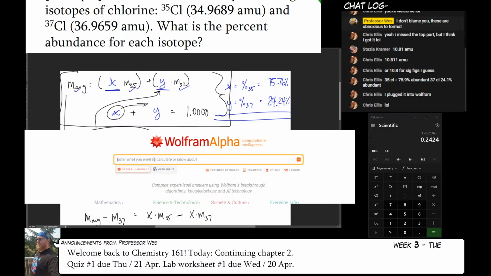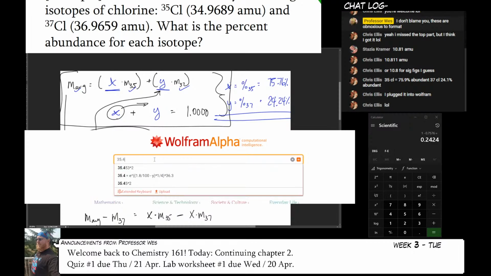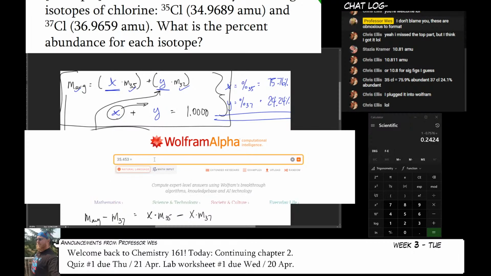Whatever the average mass was, which was 35.453, equals X times the mass of chlorine 35, plus Y times the mass of chlorine 37. So that's my first equation. Then I go comma, and then I say X plus Y equals 1.